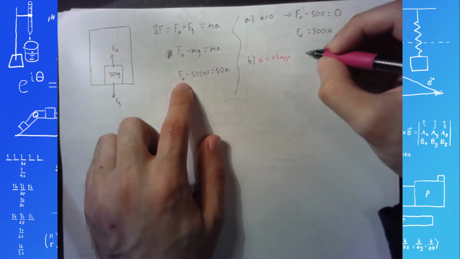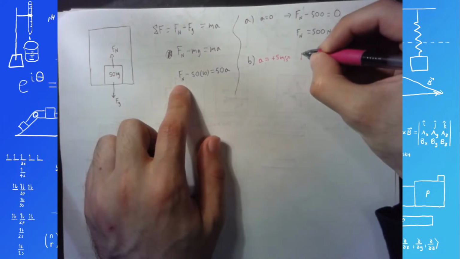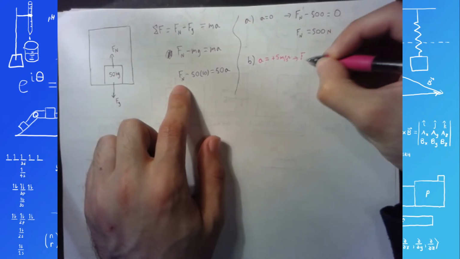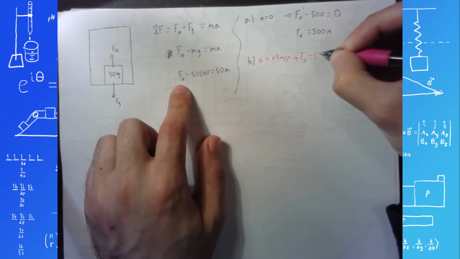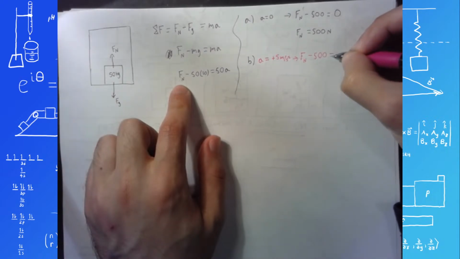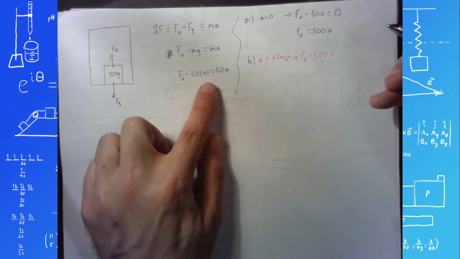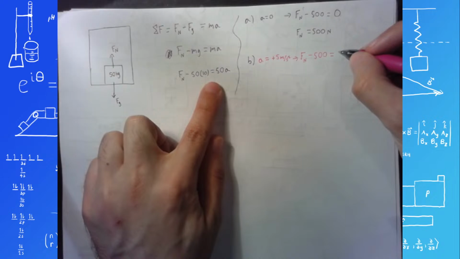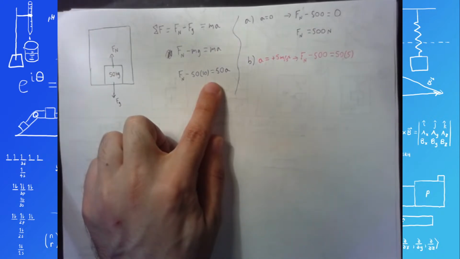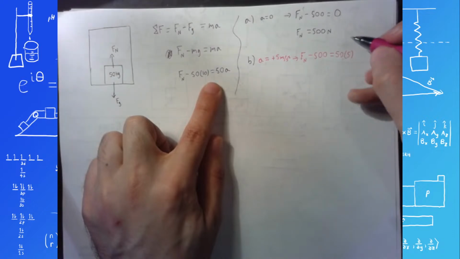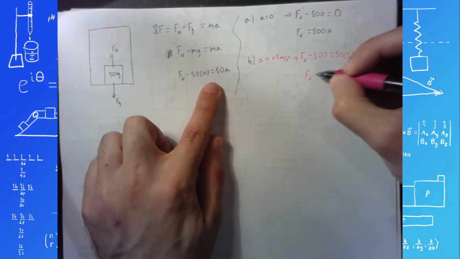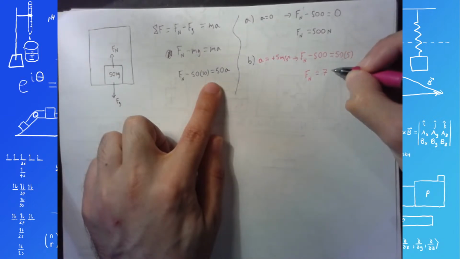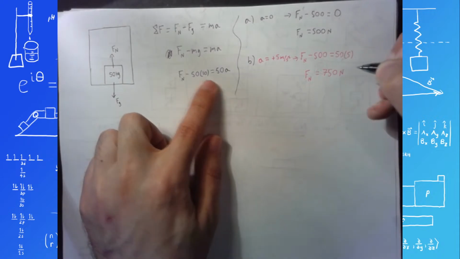In that case, we're going to have normal force minus 500 equals 50 times positive 5, which is positive 250. Add 500 to both sides. Normal force is equal to 750 newtons.